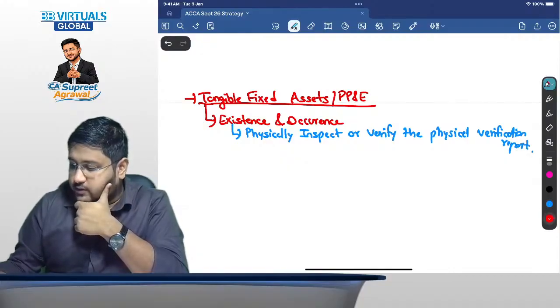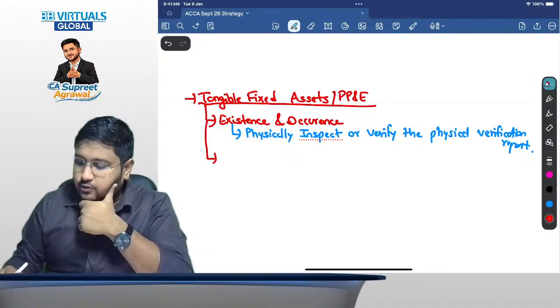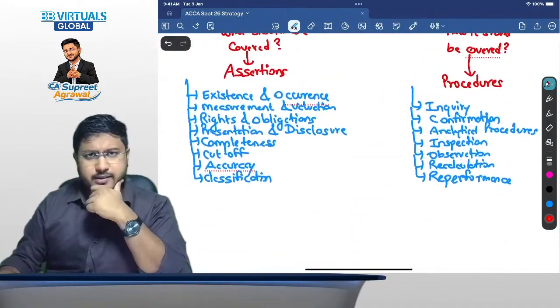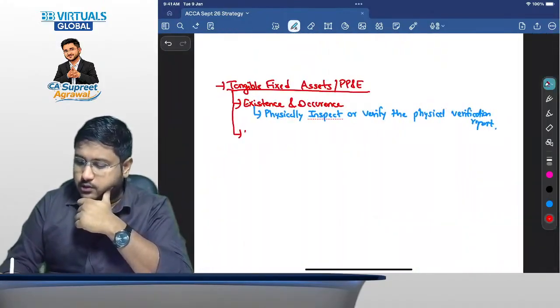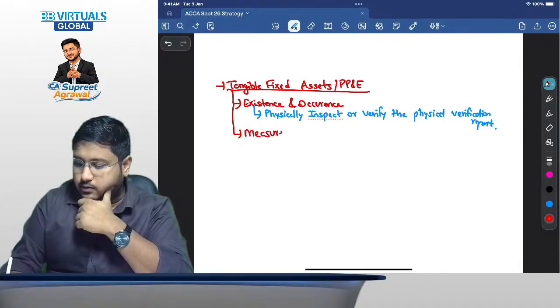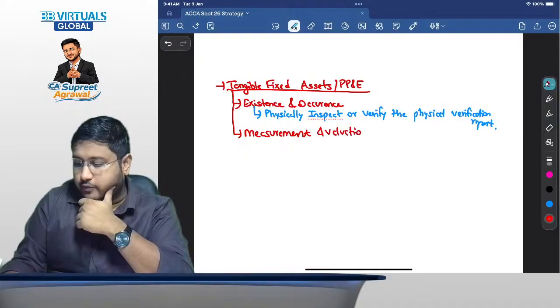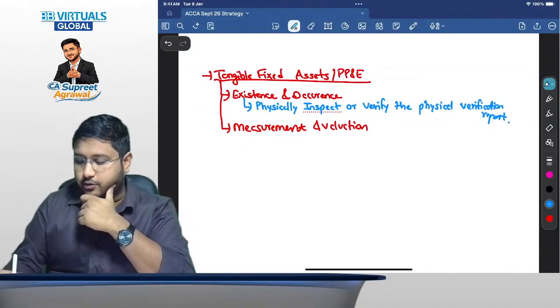Now let's talk about something else. Let's go to the second point. I'm just taking basic points now. Measurement and valuation. How will you ensure that the measurement and valuation is correct or not?